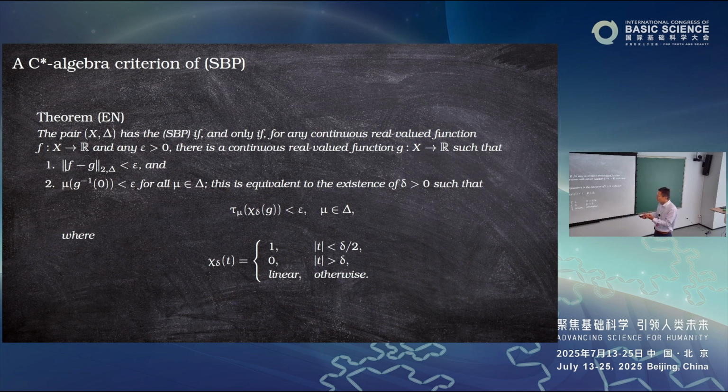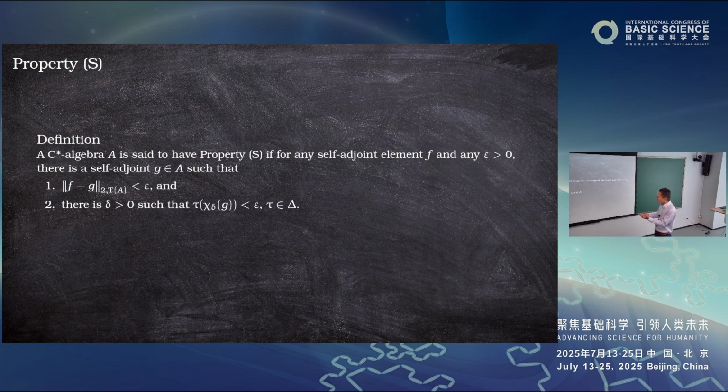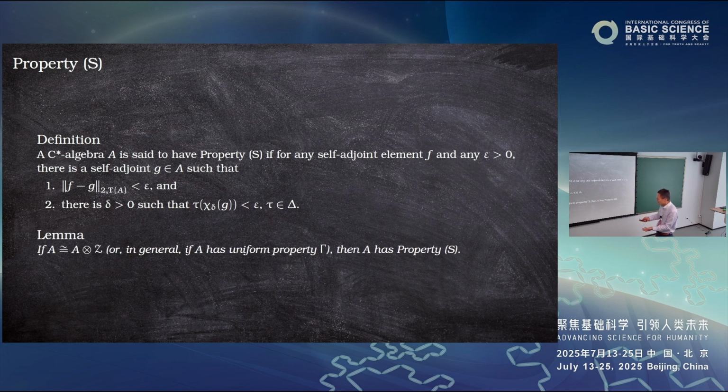I mean, in order to show that the Cartan subalgebra has the small boundary property by this theorem, you start with some continuous function f. You want to find a g so that g has some neighborhood of zero which is small under all traces. Okay, we can start with this lemma. We start with f in C(X). Then by this lemma, because A is Z-absorbing, we have some g with that property.